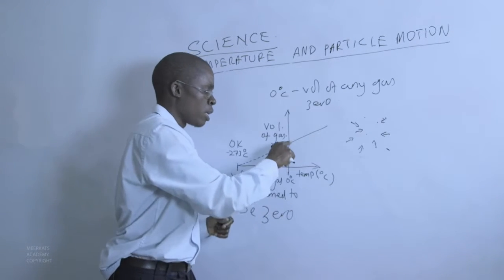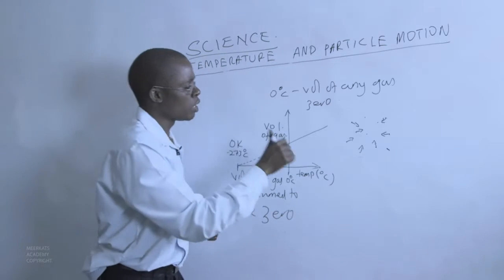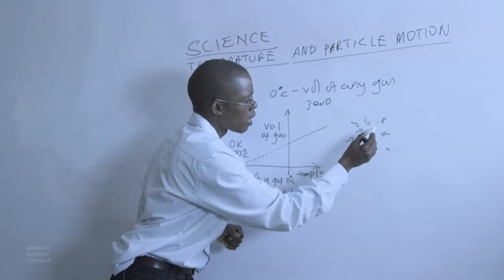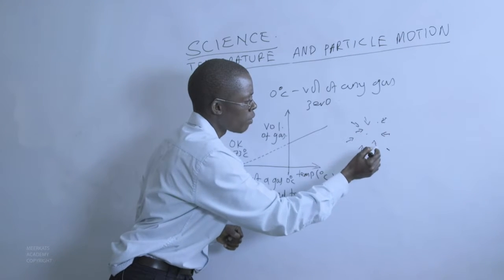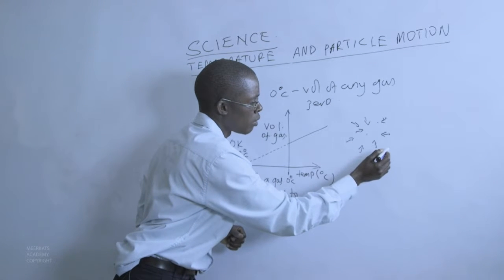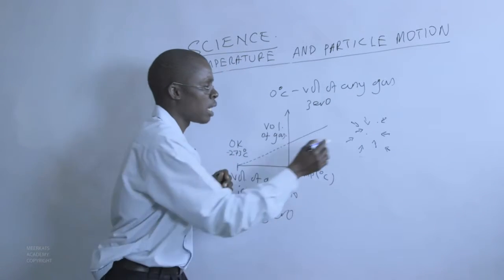Move closer, reduce the volume. Move closer, reduce the volume. It will continue this way until you find that these particles, which we have 1, 2, 3, 4, 5, 6, 7, 8, 9, 10, we have 10 particles, all moving towards a center point.